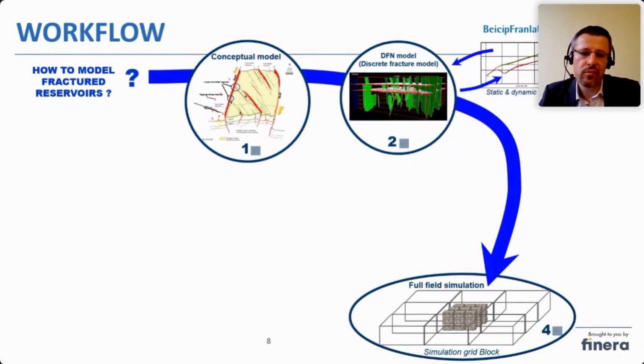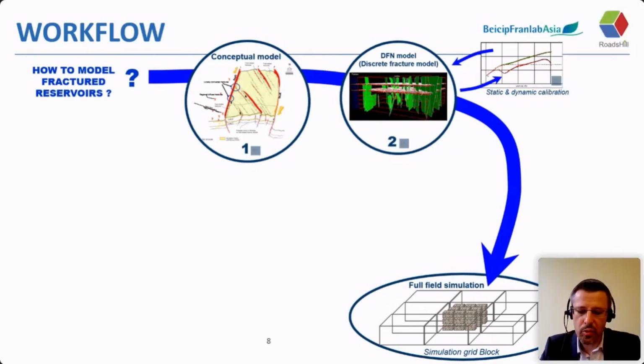We calibrate the model that we build against the dynamic response of the reservoir, either the permeability interpreted from well tests or the flow meter signature. And this calibration allows us to assess the values of conductivity, permeability, and aperture for the different fracture families in the model. Once we have this, we have the correct architecture of the model and the flow properties.